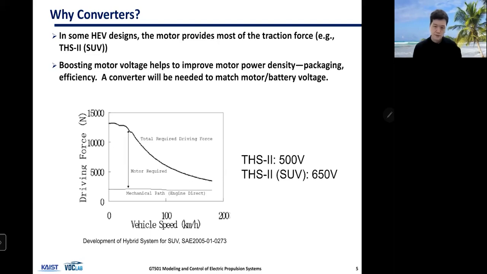And then some devices operate based on DC power source, but usually traction motors are operated by AC power source. So you need to be able to generate this AC signal from DC power source.